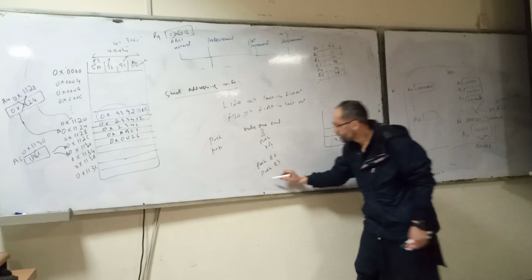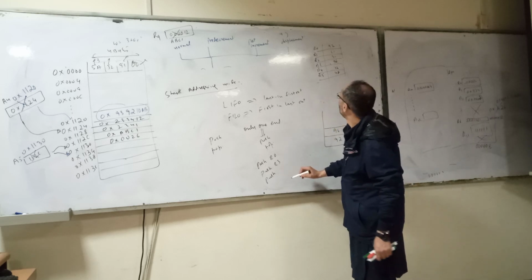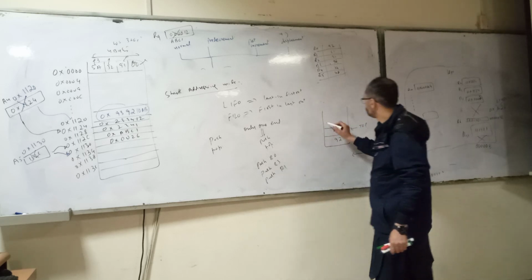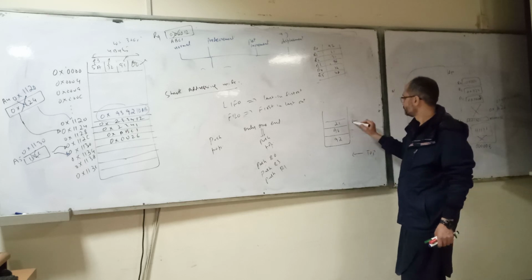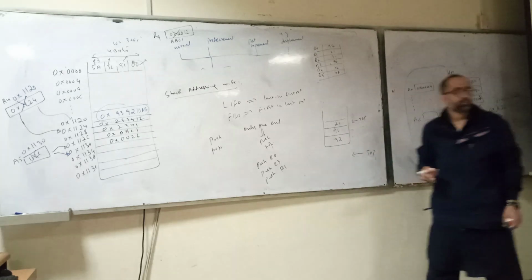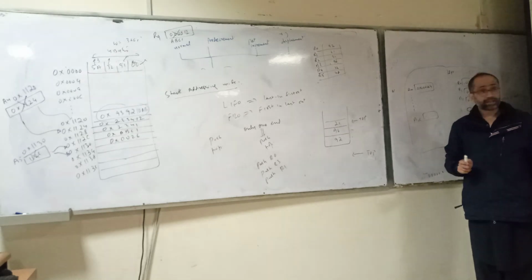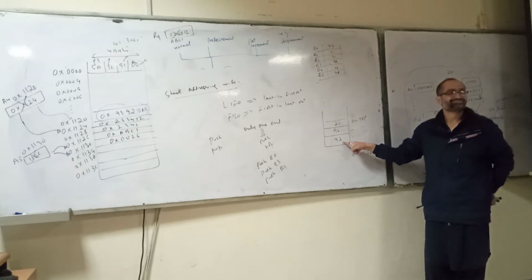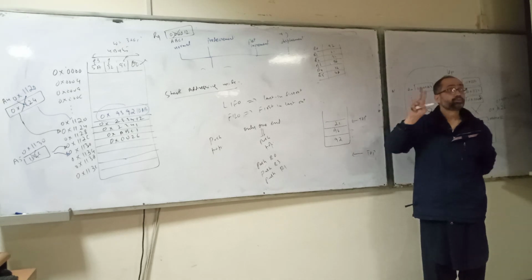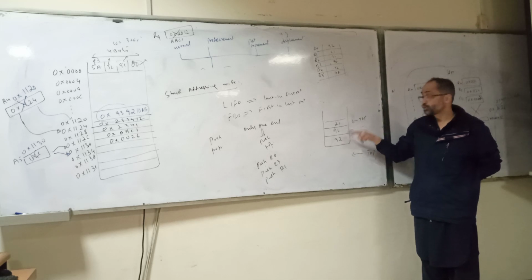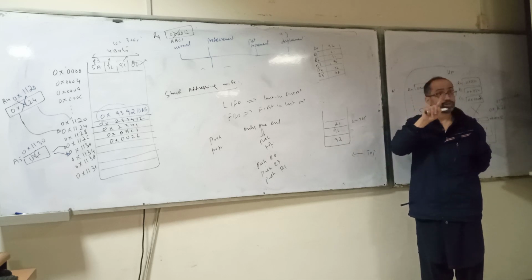Then we have another push R1. You cannot access 92 directly. To access 92, you need two pops, not one pop.